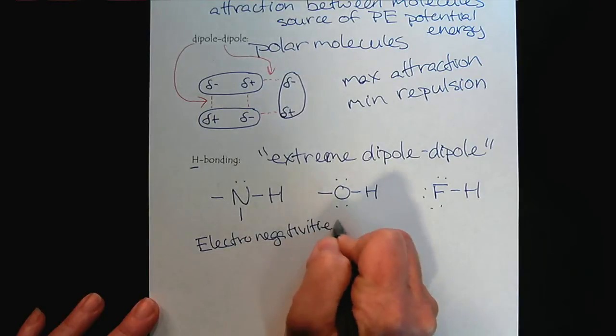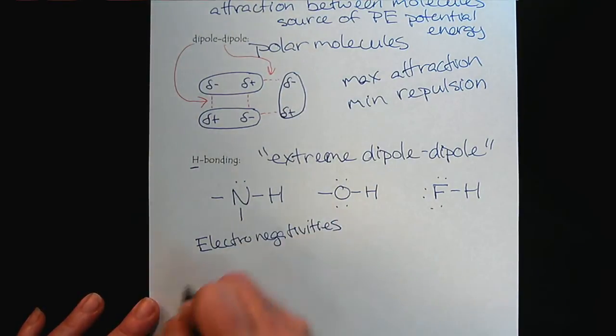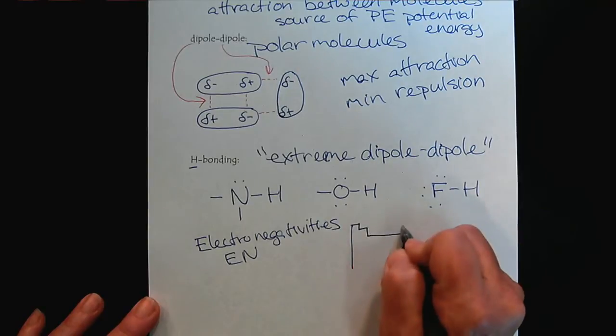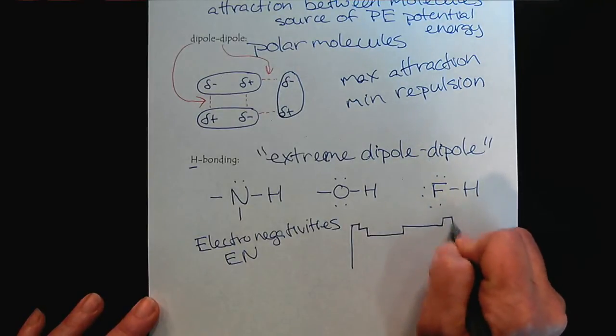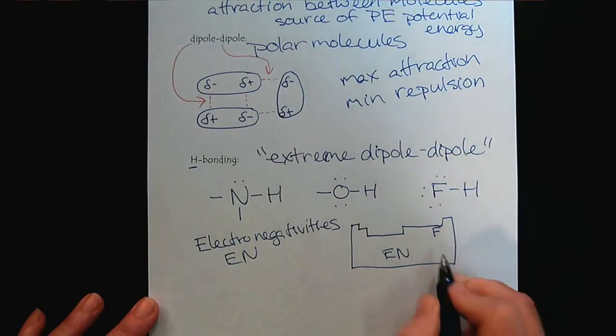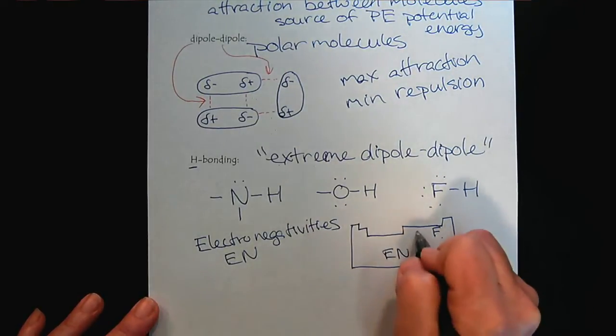there's also a video tutorial on electronegativities, so if you feel like your understanding of electronegativities could use some help, I'll refer you to that video tutorial. We remember that fluorine was the most electronegative.